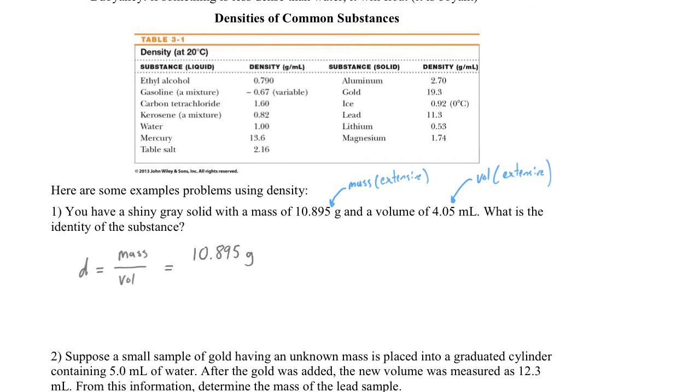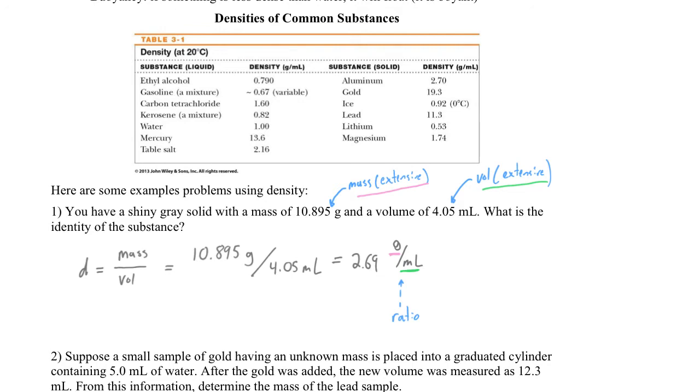So we have 10.895 grams, divided by 4.05 milliliters. This comes out to 2.69 grams per milliliter. Notice that I've combined the mass and the volume in the final unit. That's because density is a ratio, and the units will therefore be a ratio also.